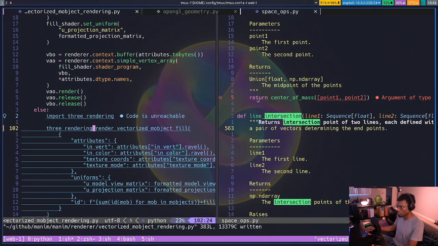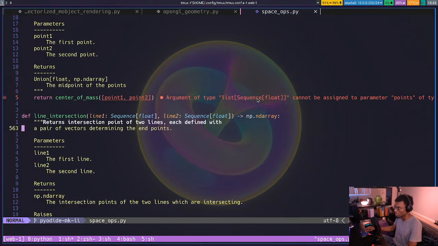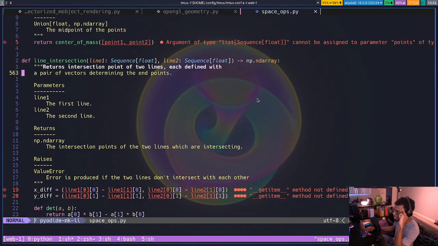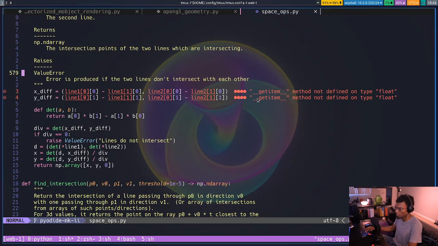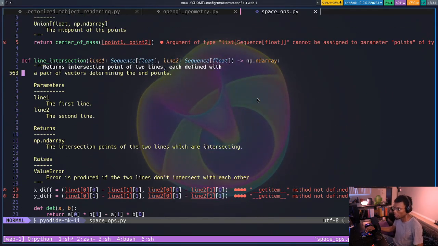Okay, so here's a function. Line intersection returns an intersection of two lines, each defined with a pair of vectors. So then I could put in the x-axis, then the tangent line, and I guess this returns a point? I guess this only works for two-dimensional lines, which is okay.